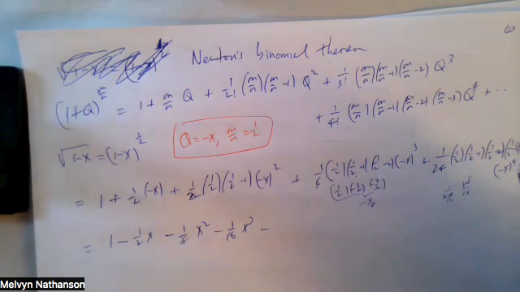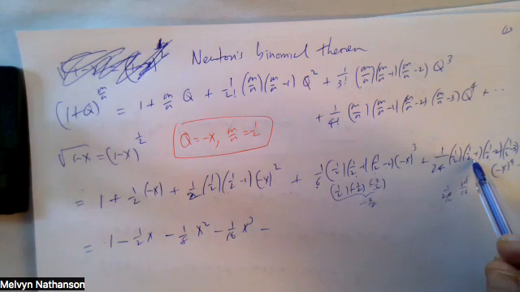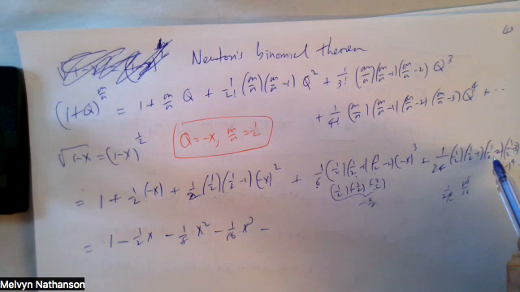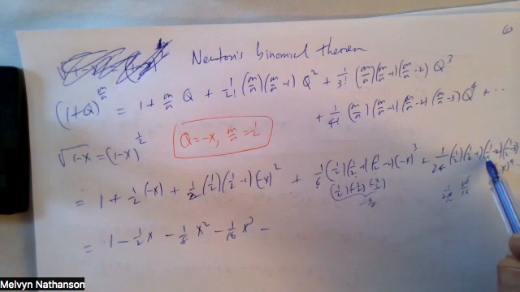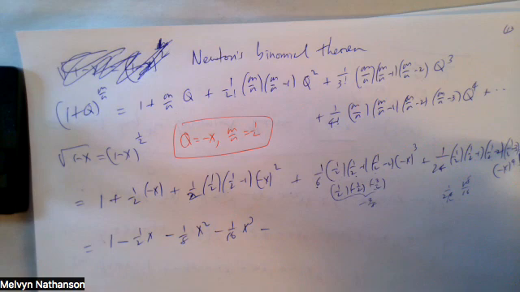Let me just double check. So I have a half minus a half minus a fourth minus 3/2. So 3/8, 24 over 16.